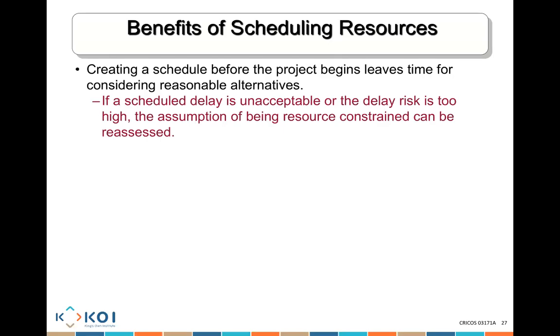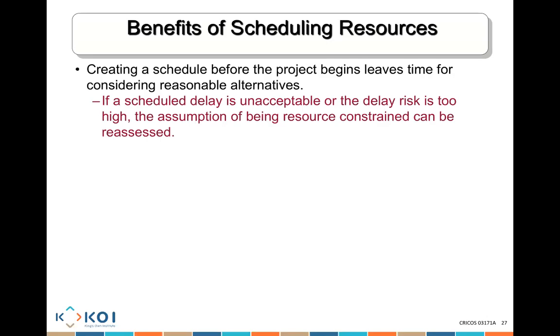If a schedule delay is happening and it's unacceptable, or the risk of delay is too high, the assumption of being resource constrained can be reassessed. You can say, okay, I know we think we are resource constrained, but if I know I'm delaying my project and we're going to lose $1 million, then maybe we should really reconsider whether we're going to allocate more people to this specific project.